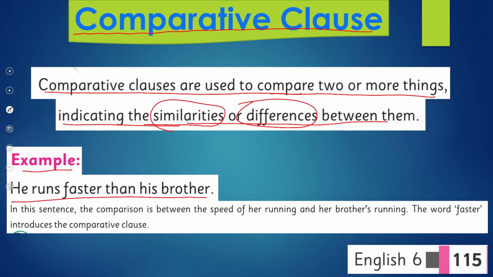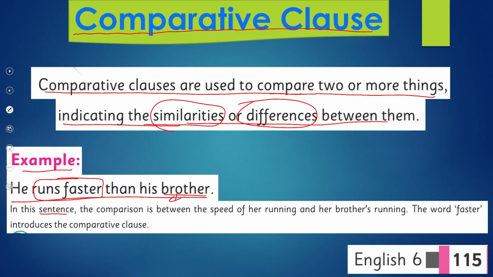Now if we look at this sentence, we want to know about the comparison. The comparison is between he and his brother, right? What is the base of similarity? That is running fast. On this base, he and his brother are compared.